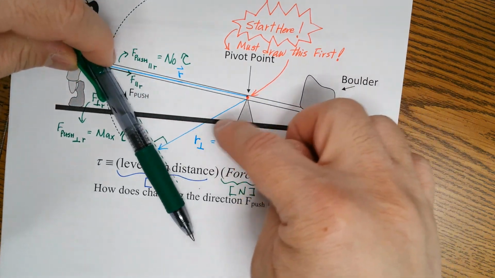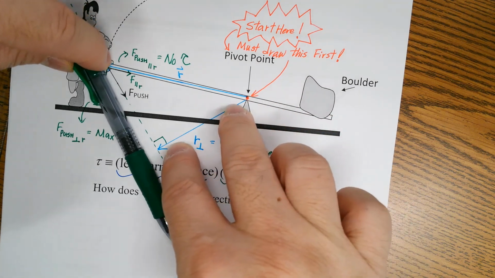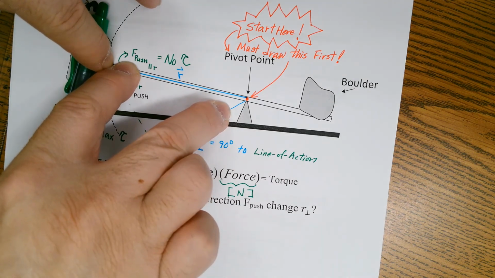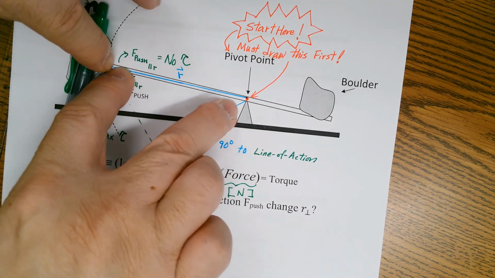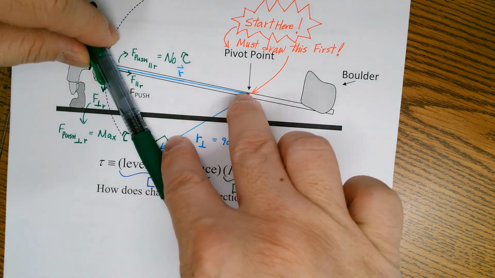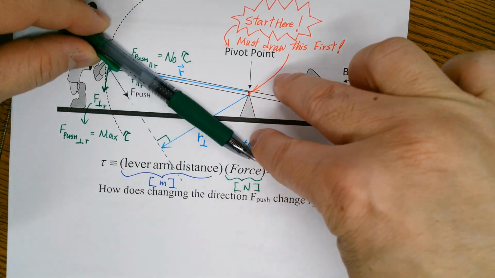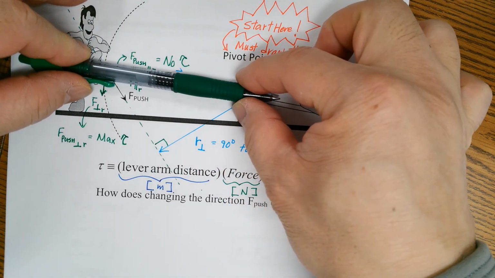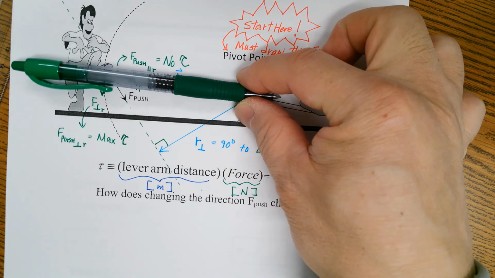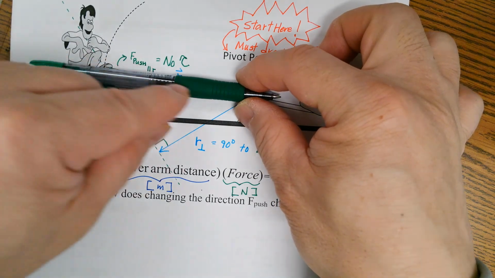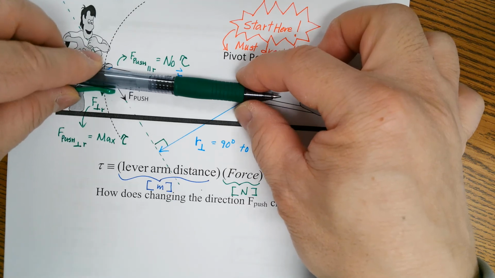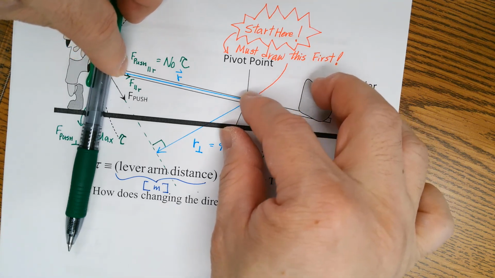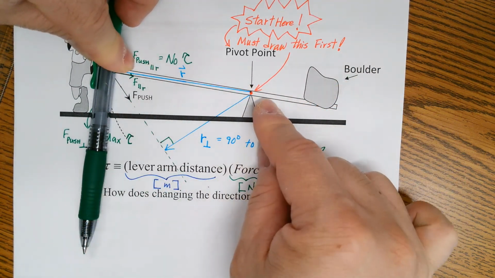So when R perpendicular is perpendicular to my force, you get the maximum amount of torque. However, if this force is parallel, notice how my R just shrinks to the line of action. My R perpendicular to the line of action is 0 in this case. So you get the maximum amount when this force is perpendicular to my R. Okay?